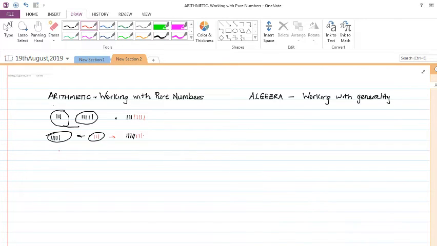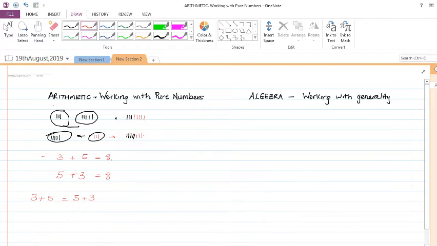So what we learn from that is that 3 plus 5 equals 8, and in the second example, 5 plus 3 gives us 8. So the order doesn't matter, and therefore we can say 3 plus 5 is equal to 5 plus 3.